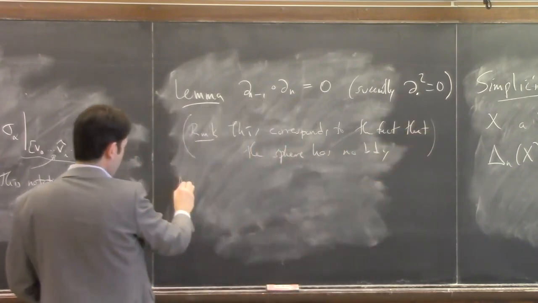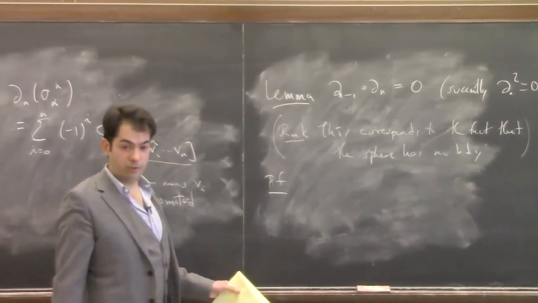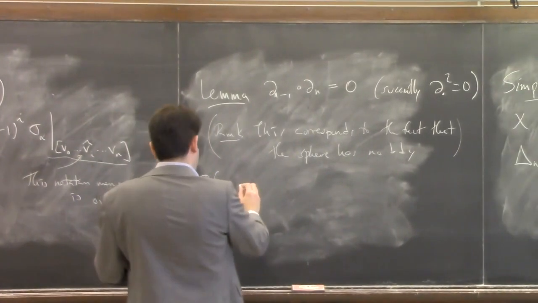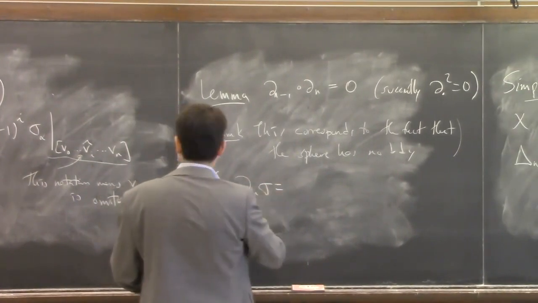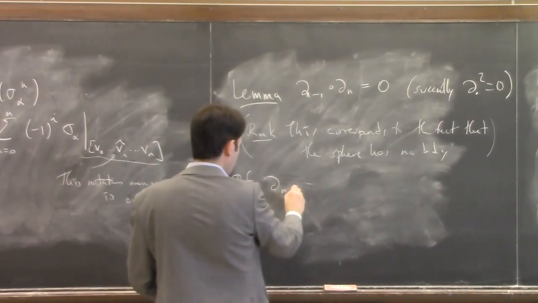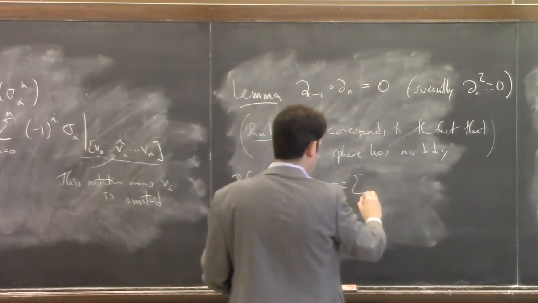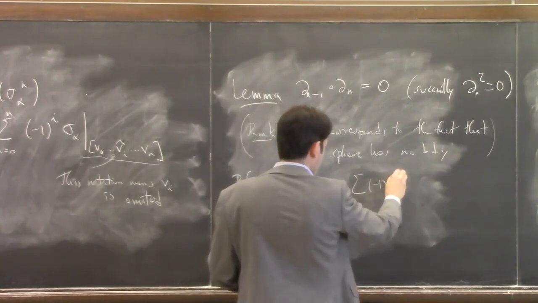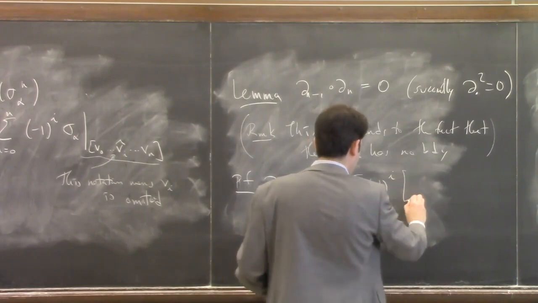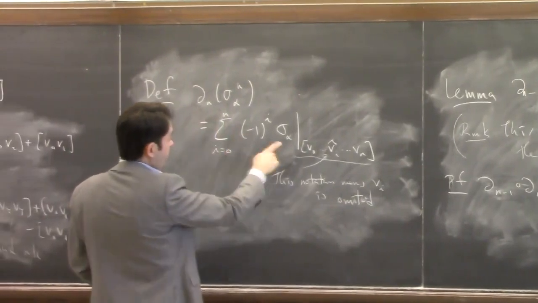But that's neither here nor there, because it's a purely algebraic or combinatorial fact. If you have sigma, then d_{n-1} composed with d_n of sigma is going to be the sum of (-1)^i of, okay, so I'm going to take the boundary of the boundary.